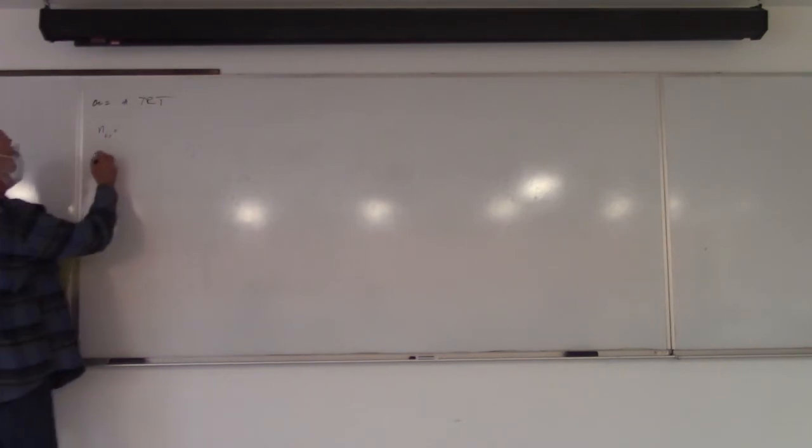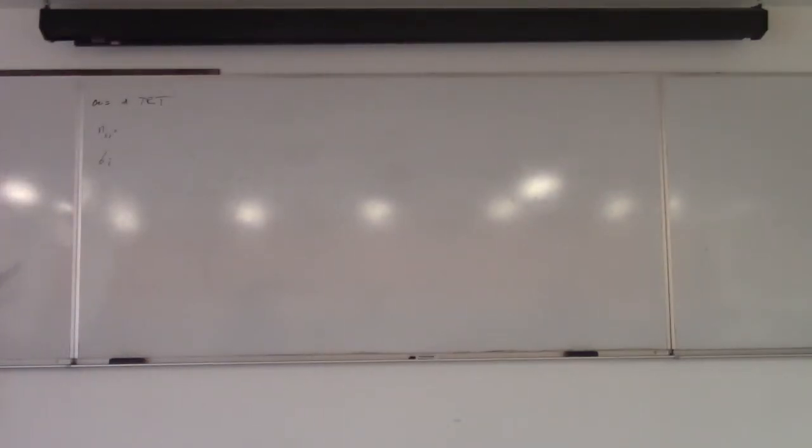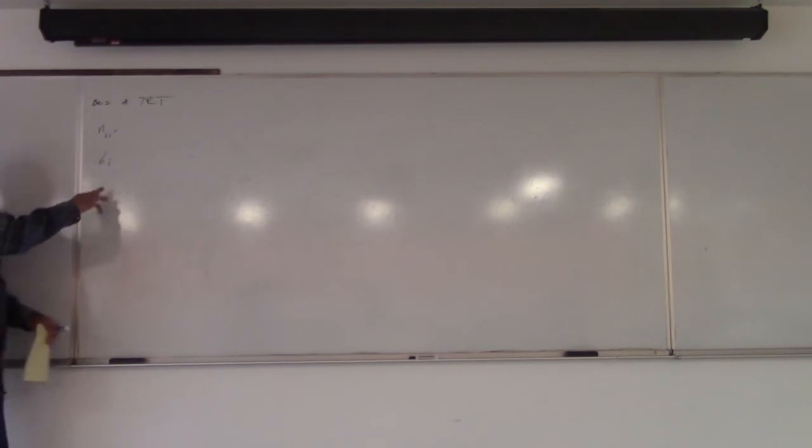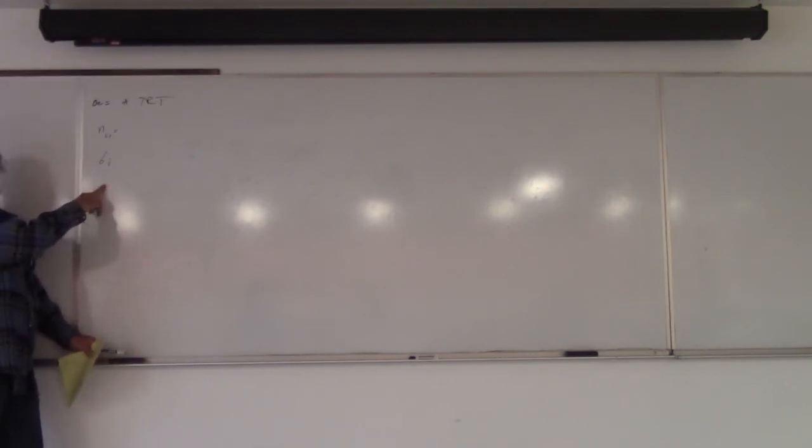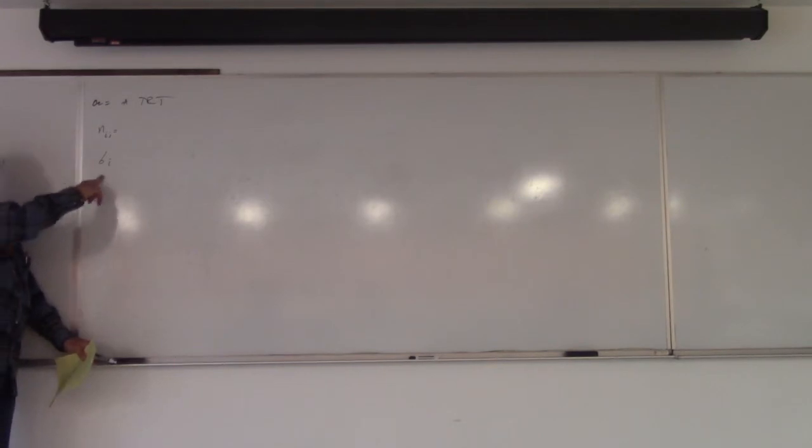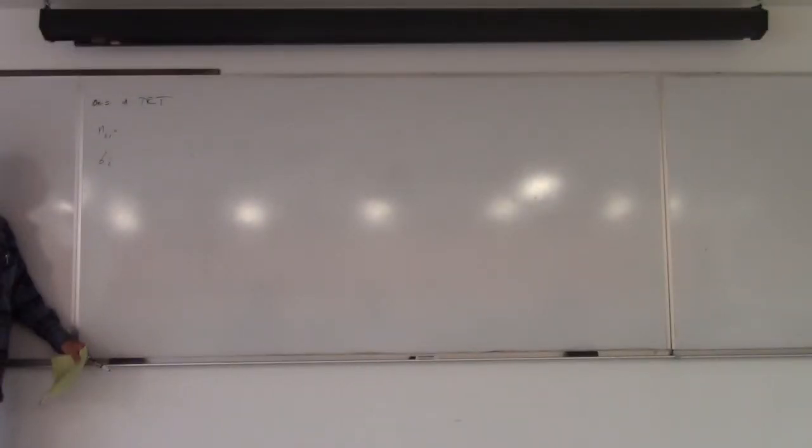Okay? I'm not going to have the same number of leaves for each tree. That's why I'm subscripting Nij. B sub i is going to be the size of the sample from the ith treatment, because now in one spray, instead of having 24 leaves, I've only got 23. So B1 is going to be 24, B2 is going to be 24, B3 is going to be 23. So I have to subscript the B's.